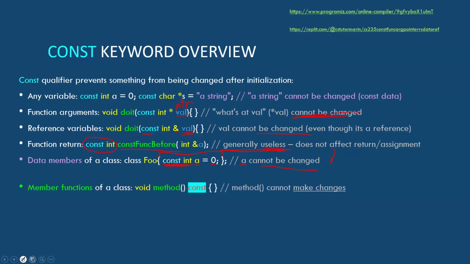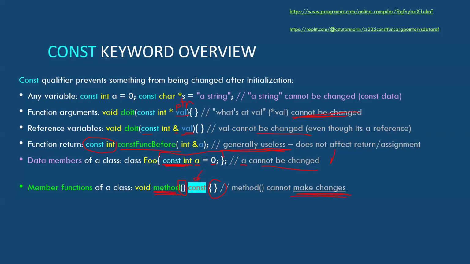Now, here's what it means to make a method so that it cannot make changes inside of the class. If we put the const between the rounded parentheses and the curly braces, which most people don't realize, that now tells the compiler, hey, don't ever let this method change any data members in the class, no matter what.